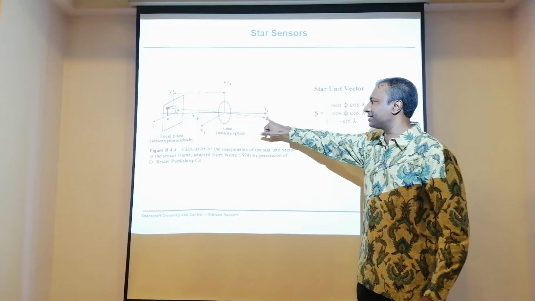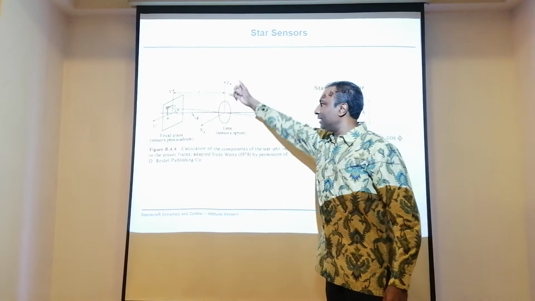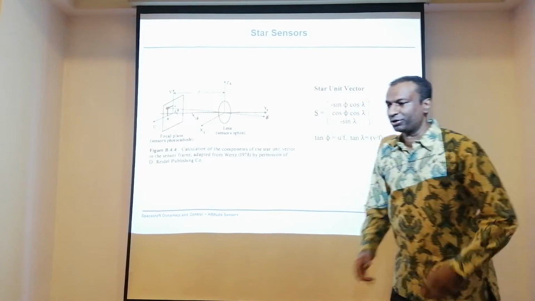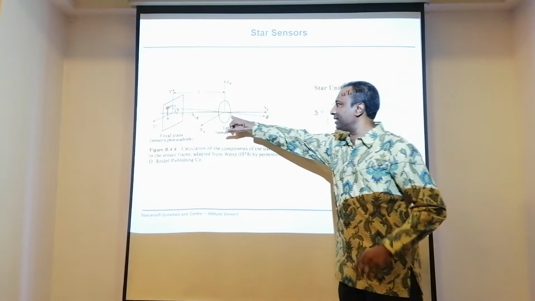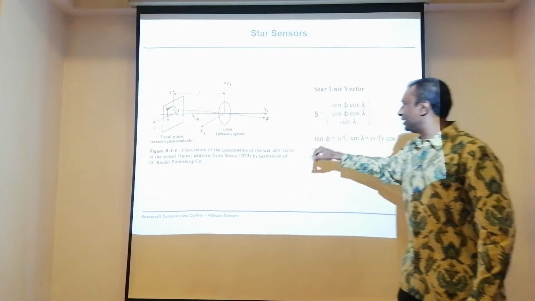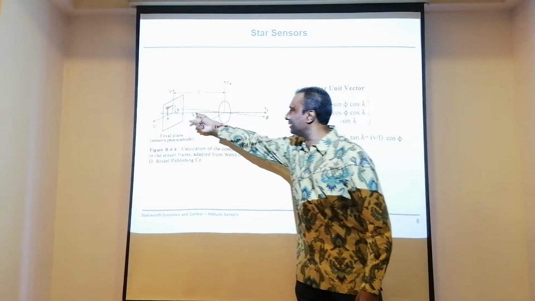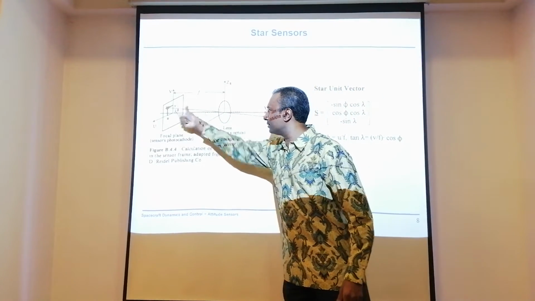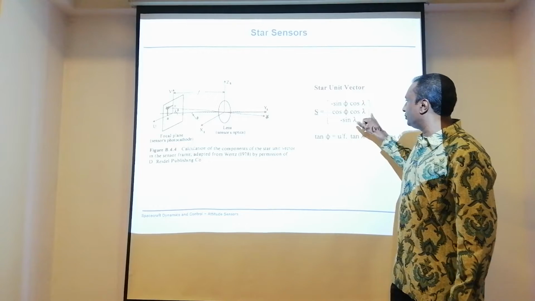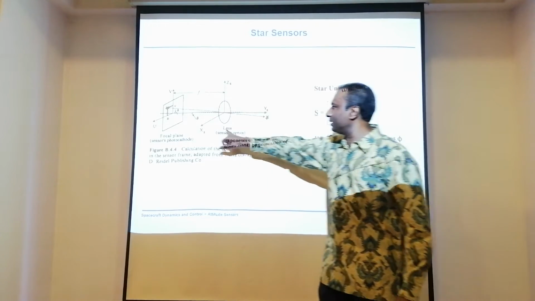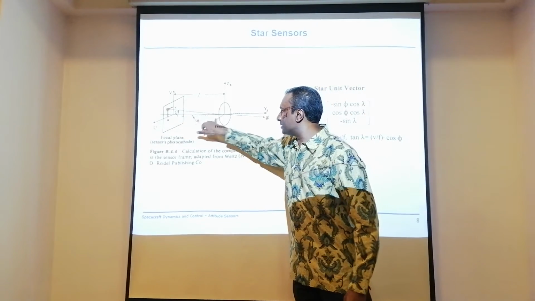Assume you are looking at a star, and we fix the body coordinates x, y, z. With respect to x, y, z, you should be able to calculate the deviation. And the final angle, don't forget, your phi angle is what is important.